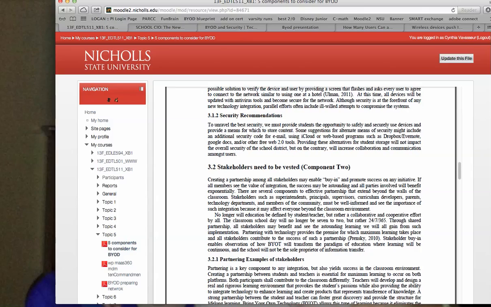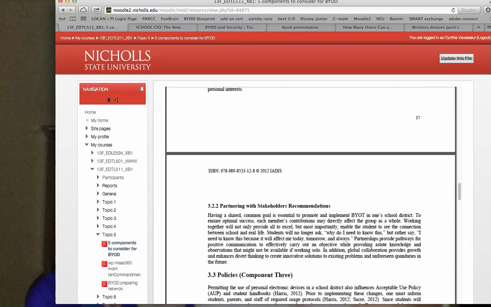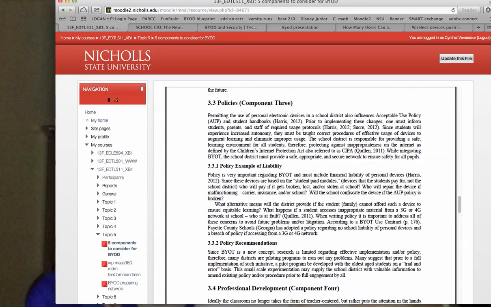who would be the stakeholders that you would need to involve? What types of policies would you recommend to your principal? Of course, you would not be able to dictate these policies, but you can come up with a recommendation to give your principal. So that's the perspective for this week.